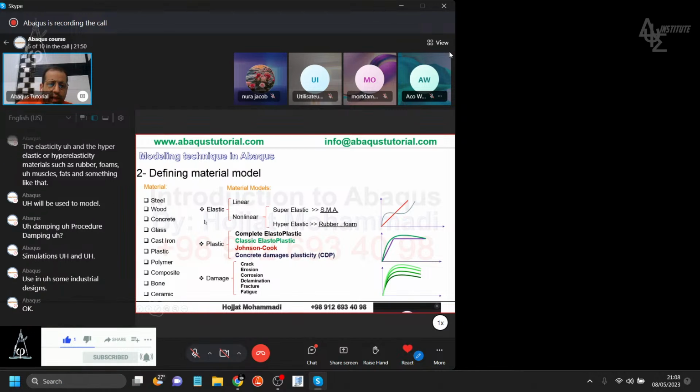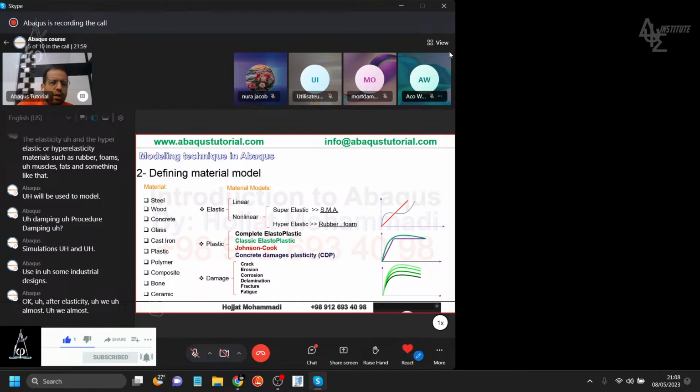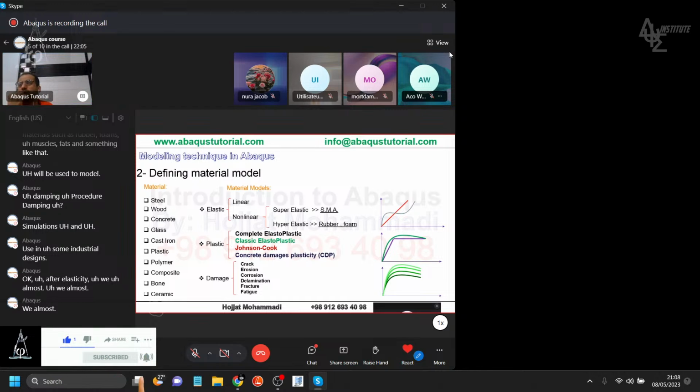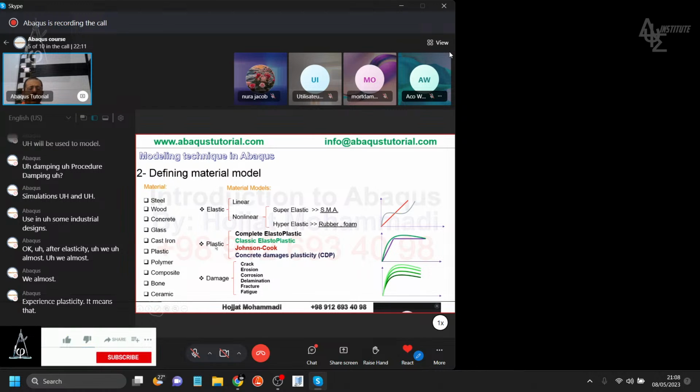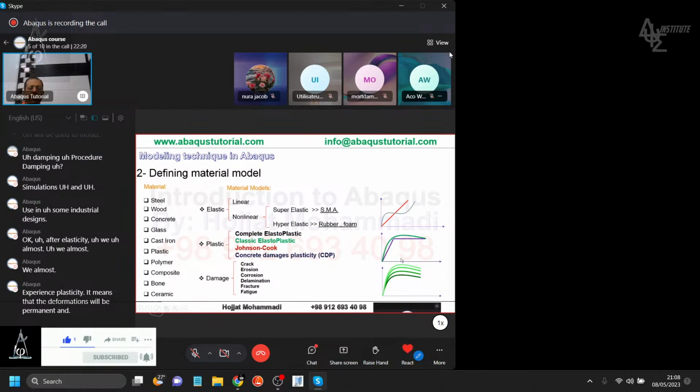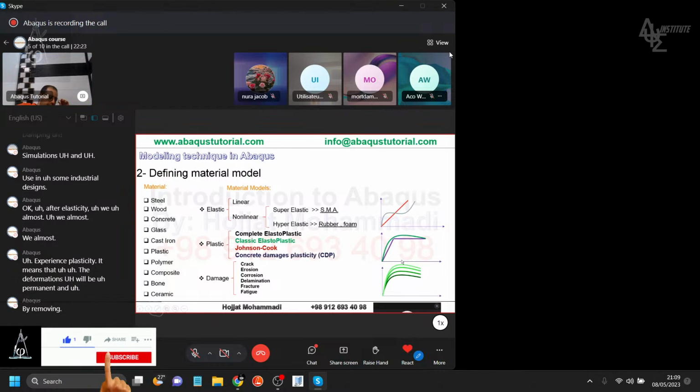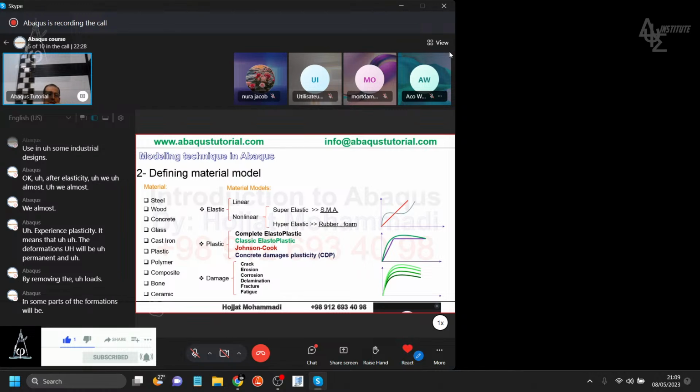After elasticity, we almost experience plasticity. It means that the deformations will be permanent, and by removing the loads, some parts of the deformations will be stored in our parts, in our models.